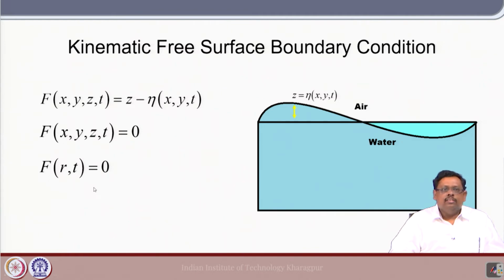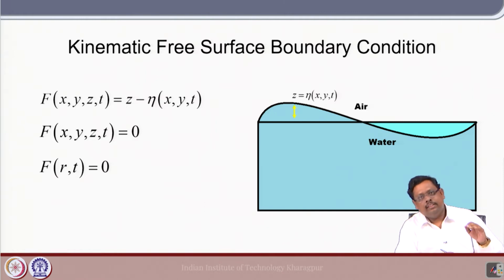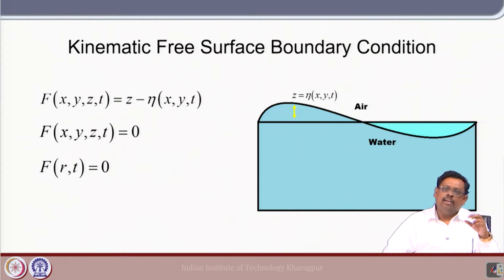Till this point there should not be any problem, because in the last class we discussed that f would be a boundary surface, and here this f we can call a free surface, because it is the surface between air and the water. And as I discussed in the last class, this is one of the key, or unique, things for ship dynamics or offshore dynamics, that we have to deal with this free surface.